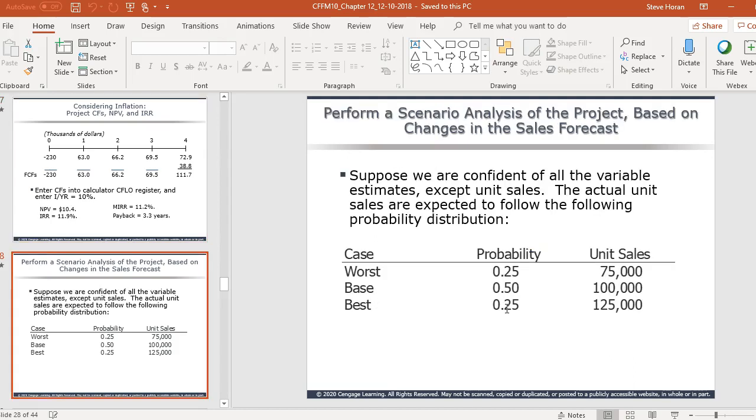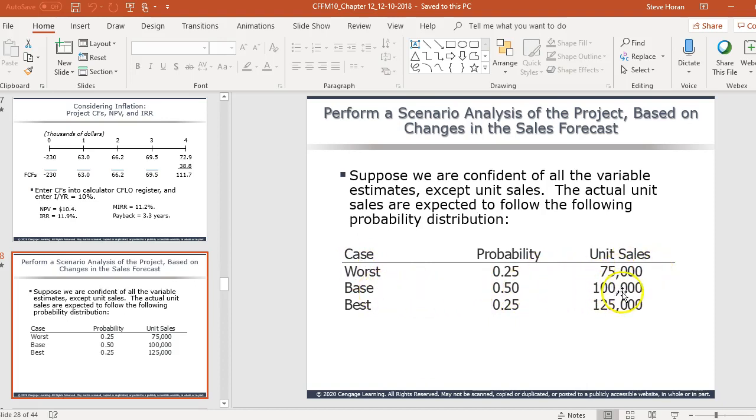Okay, so here then is one way to take a look at that. We could do what we call a scenario analysis. Remember, we are assuming we can sell 100,000 units. So we can go through that market analysis and assign a probability to different scenarios. Worst case scenario is we only sell 75.